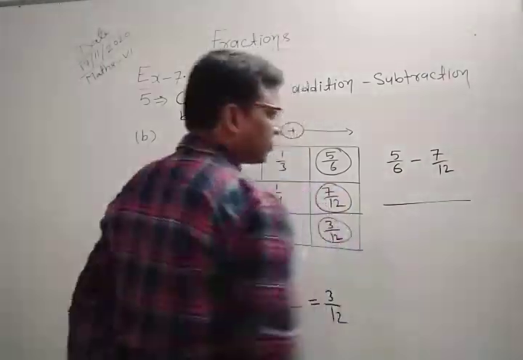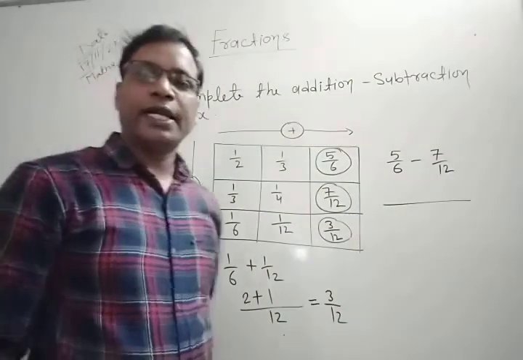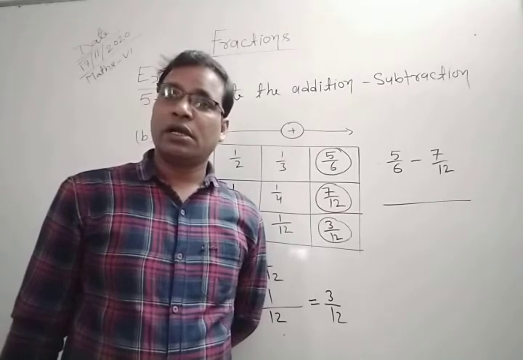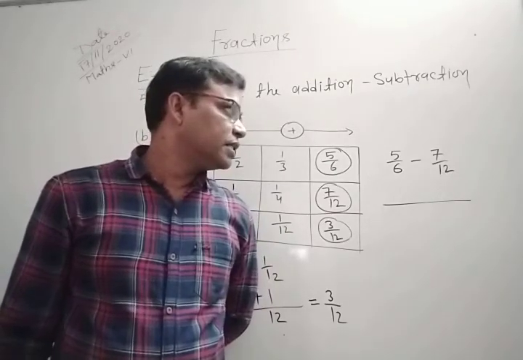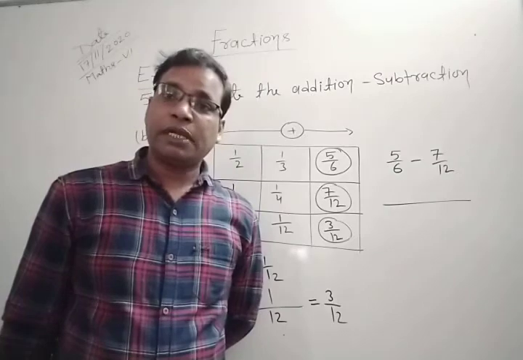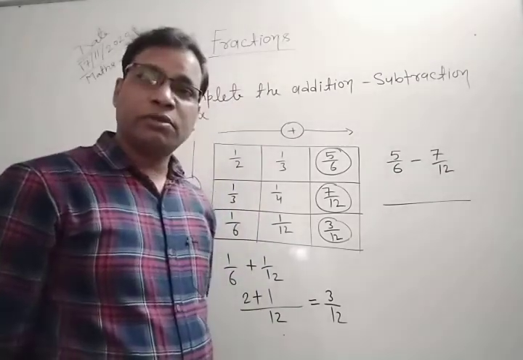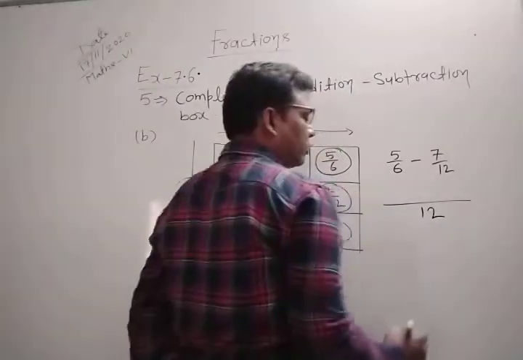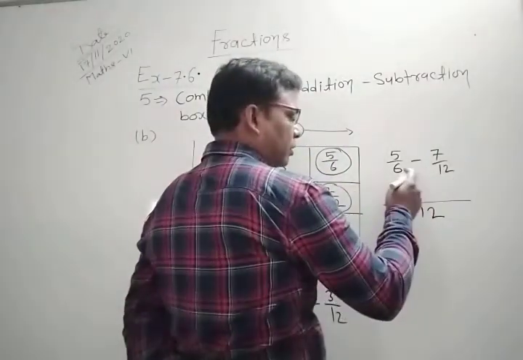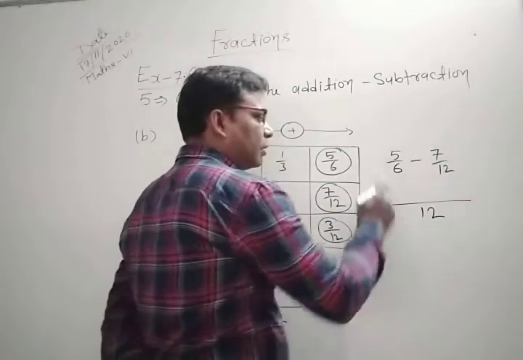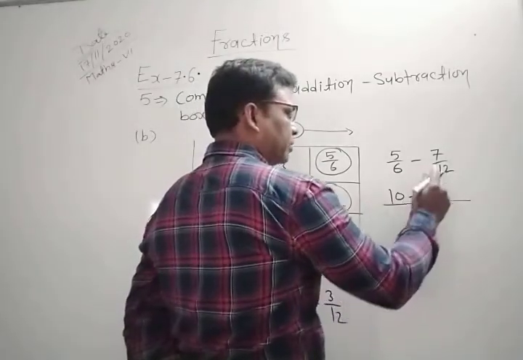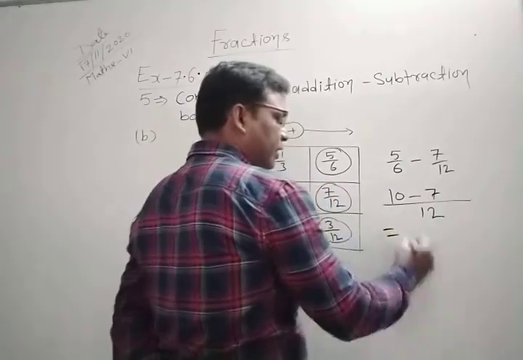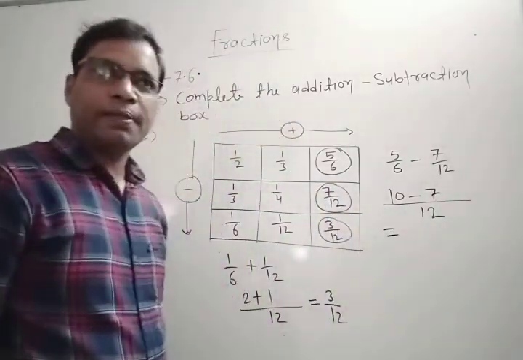You can see here that both fractions have unlike denominators because their denominators are not equal, and 12 is a multiple of 6. So the LCM of 6 and 12 is equal to 12. 12 divided by 6 is 2, 5 times 2 is 10, minus 12 divided by 12 is 1, 7 times 1 is 7.